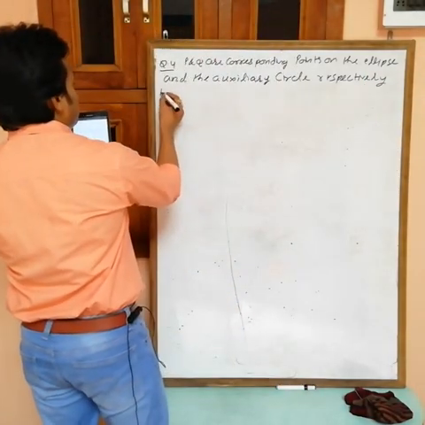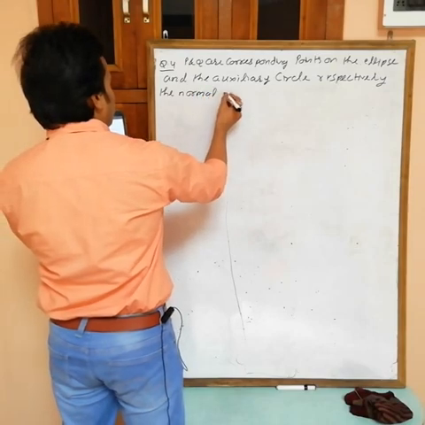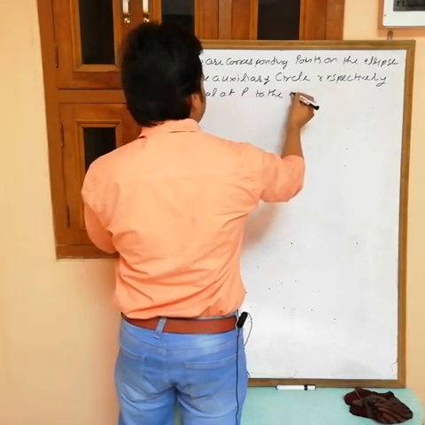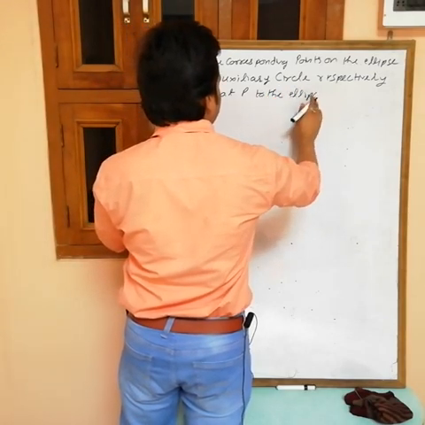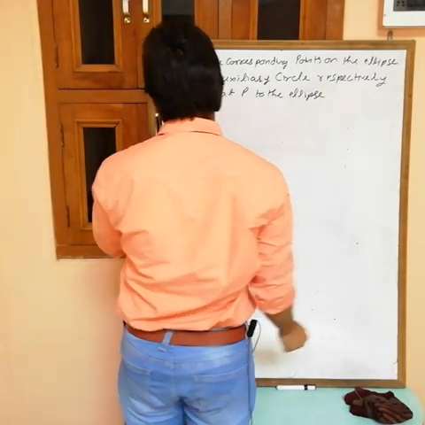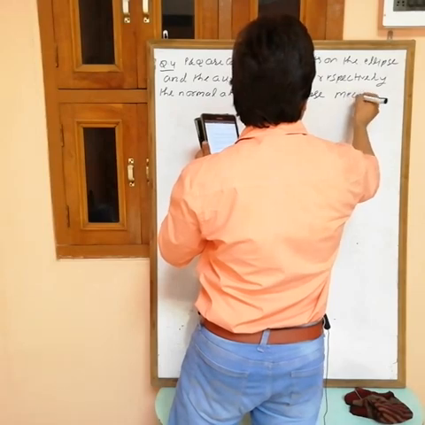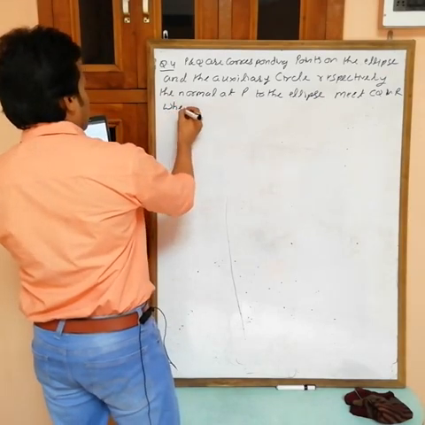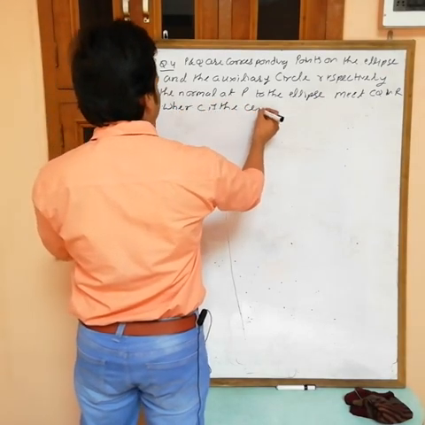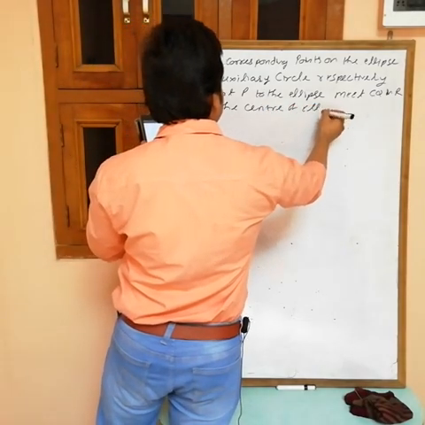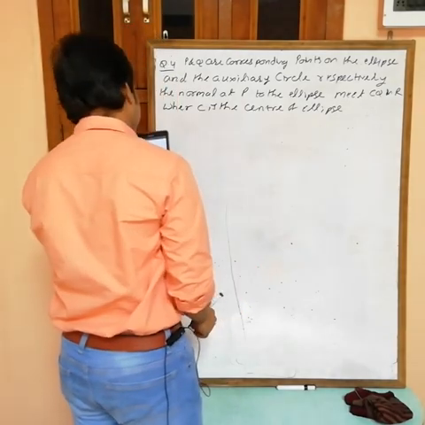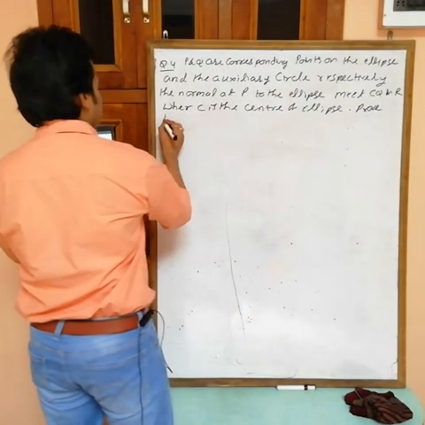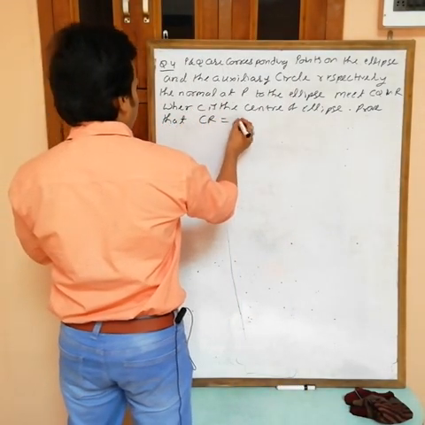Okay, the normal at P to the ellipse meets CQ in R, where C is the center of the ellipse. Okay, prove that CR equals a plus b.